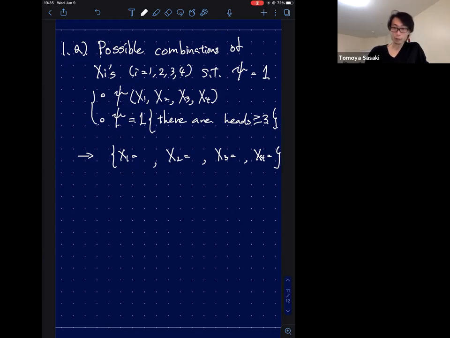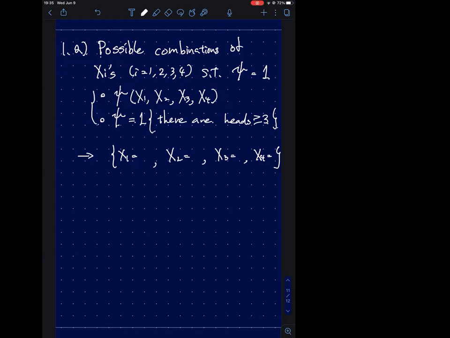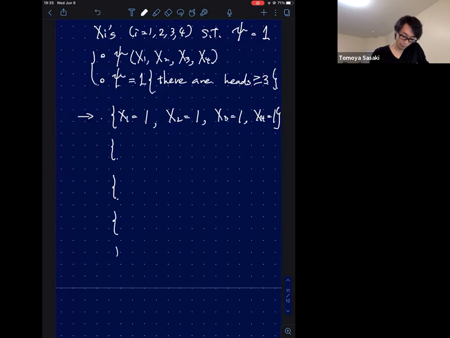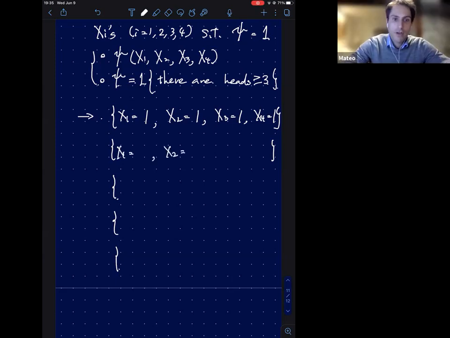X1, X2, X3, X4. All heads. Yes, exactly. If we have all heads, yes. Thank you, that's exactly right. This is one example, and actually there are 4 more. Can someone give me one more? First 3 are 1 and the last is 0. Okay, yeah.